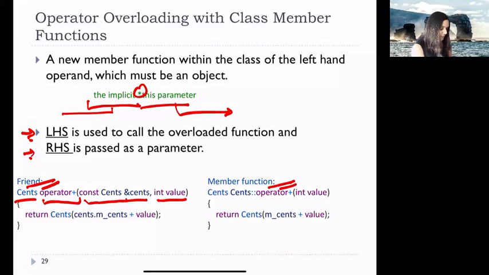As you see, the difference with member functions is that you don't have that first argument, which a friend function would have, because a friend function is not a member function of the class itself, but a friend of the class, and we're using the function of that.